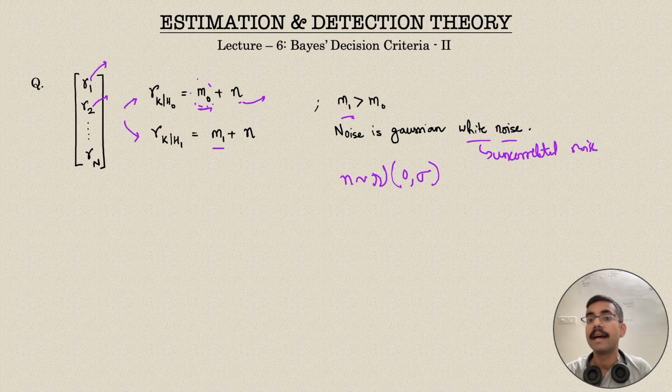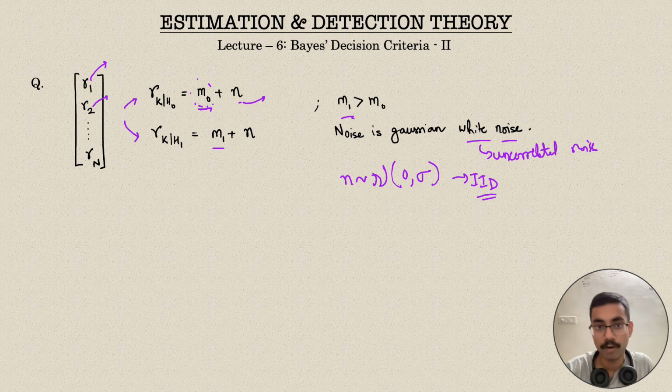But all of these are IIDs. Okay, these are independent and identically distributed. This is very important. These expressions, as I'm telling again and again, are very important to solve the problem. Had it not been there, it would have made the problem much more complex.